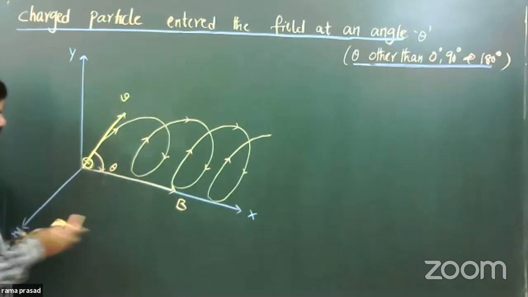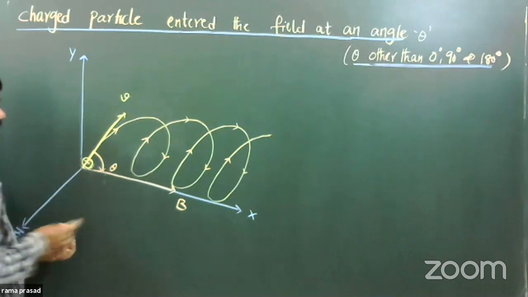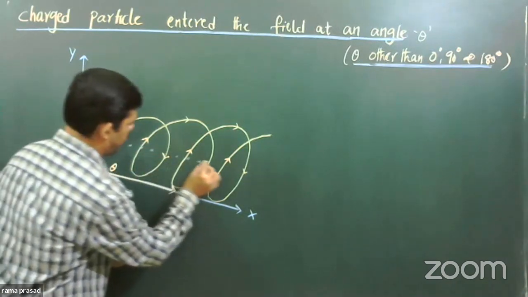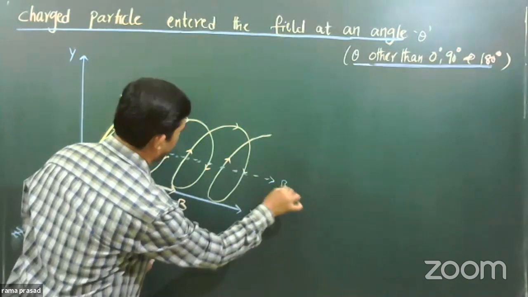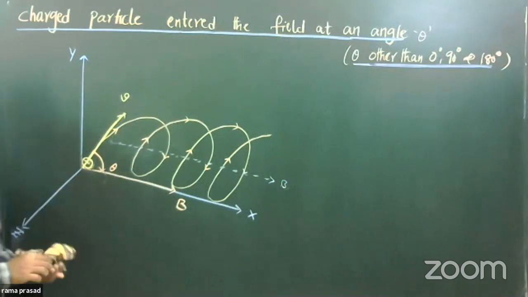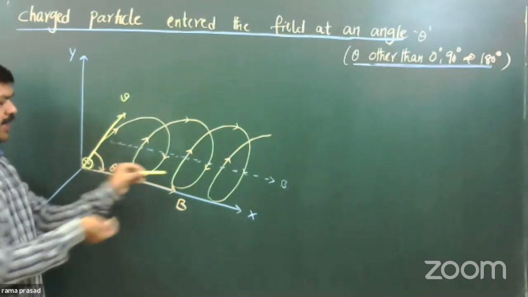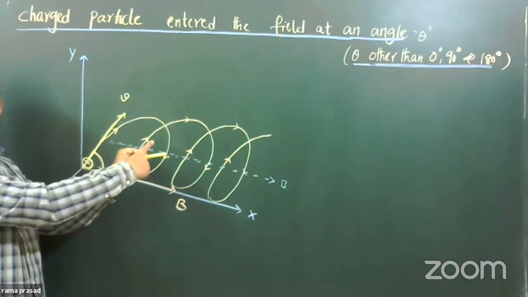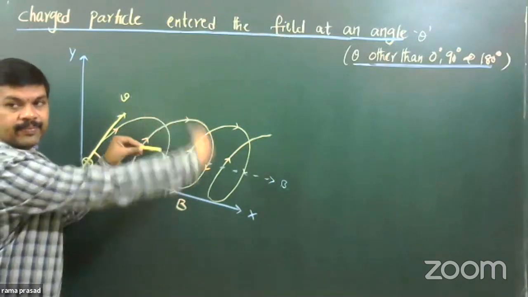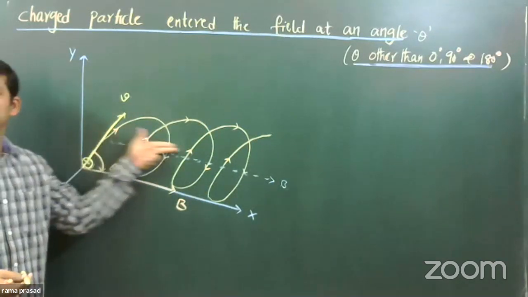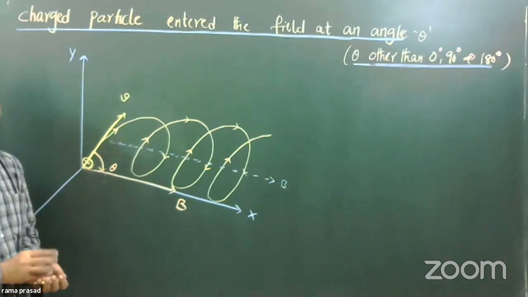This path has the magnetic field direction as an axis. See, if it is the magnetic field direction, if a charged particle enters like this, it turns around this, right? In this way, it moves in that helical path. Okay.